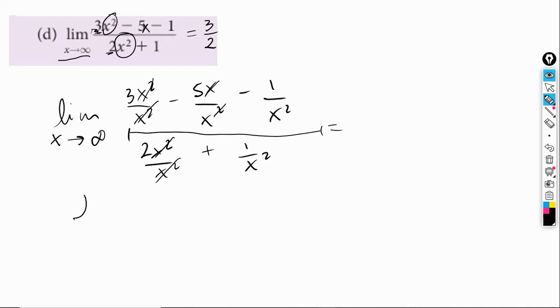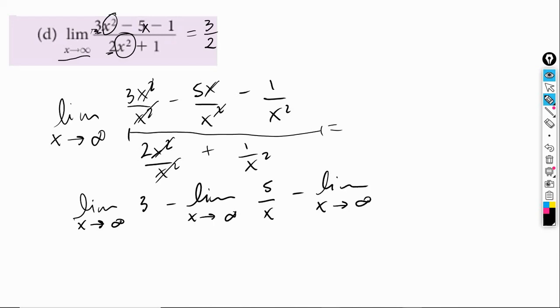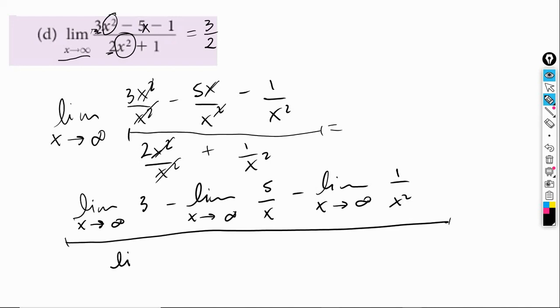So we can rewrite this as limit as x approaches infinity of 3 minus the limit as x approaches infinity of 5 over x minus the limit as x approaches infinity of 1 over x squared, and all of this divided by the limit as x approaches infinity of 2 plus the limit as x approaches infinity of 1 over x squared.